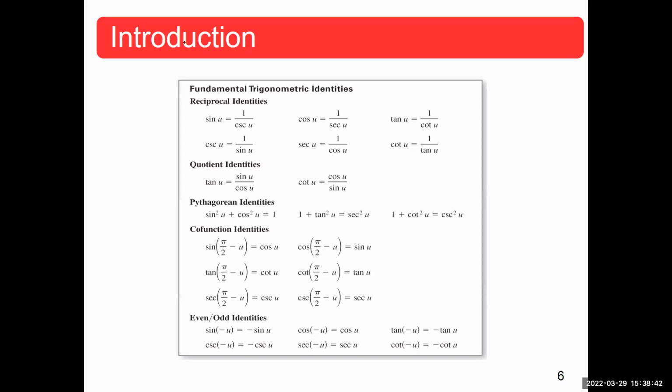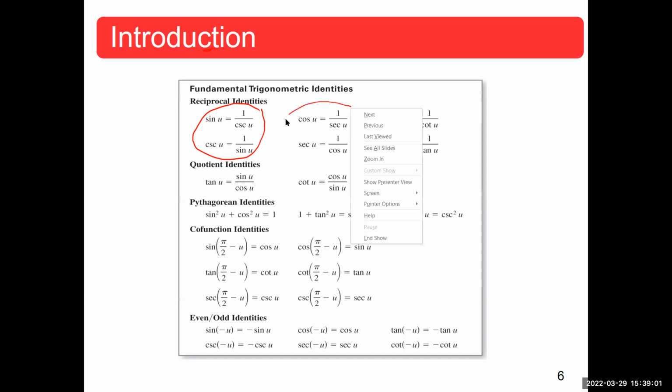Sine is also the inverse of cosecant. They cannot be related together. So you can see here, this is saying sine equals the inverse of cosecant and cosecant is the inverse of sine. That's the same meaning.